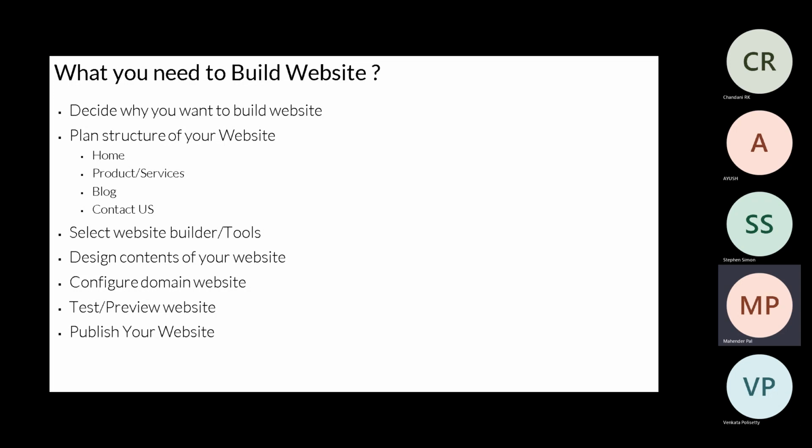You can just use that unique domain name, select and register it, and finally your website is ready for test and preview. And once you have that ready, you can go ahead and publish your website, right?